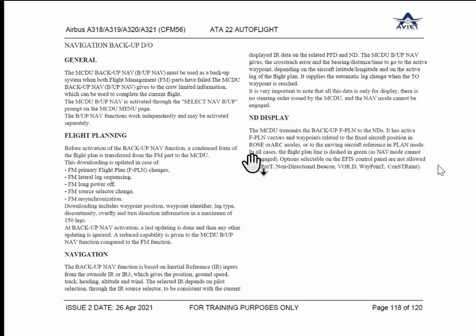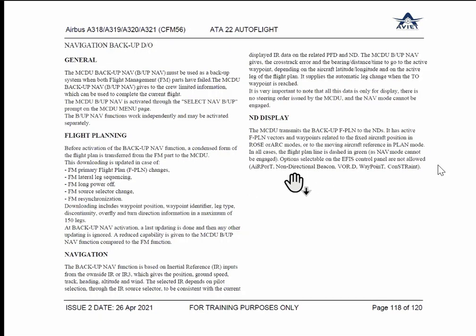In all cases, the flight plan is dashed in green as nav mode cannot be engaged. Selections on the EFIS control panel are not allowed. So you cannot get all this information because it comes from the flight management part, the nav database.